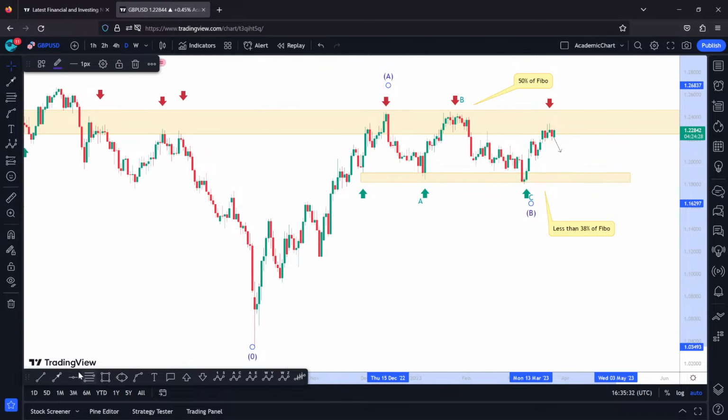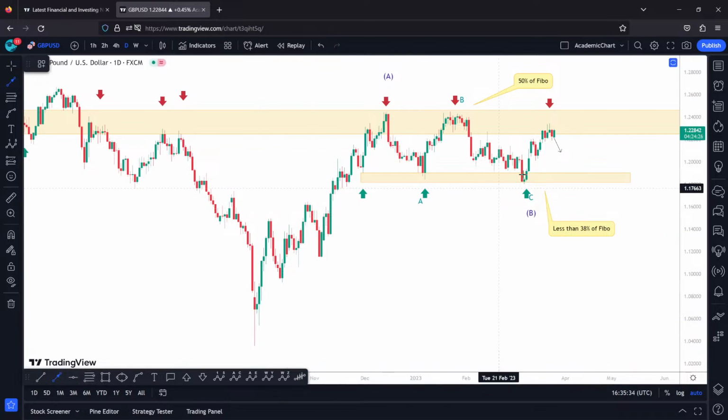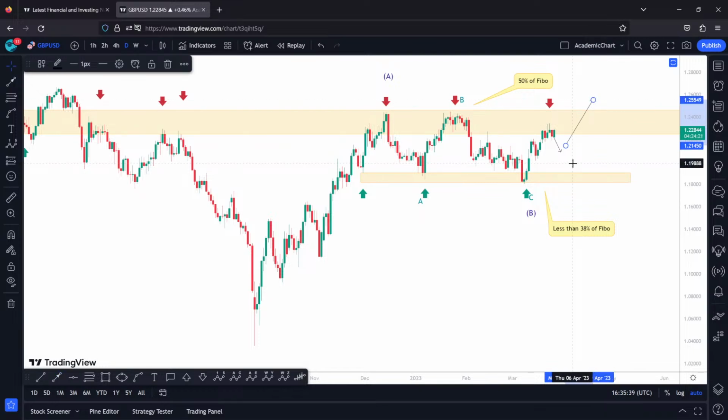Now we are going to see a momentum just going to the top and break this very strong resistance zone. That's one possible scenario which might happen.